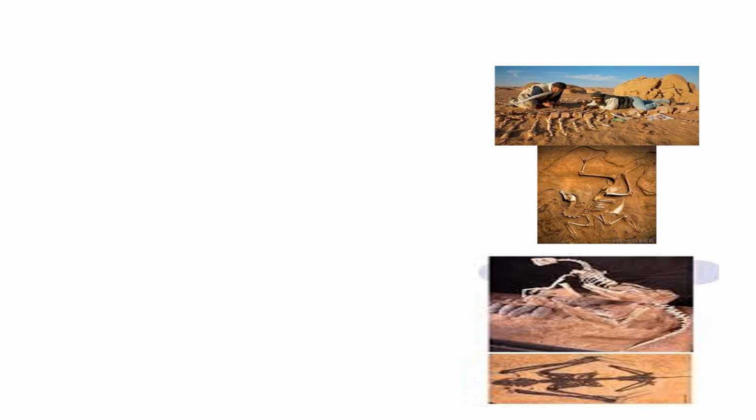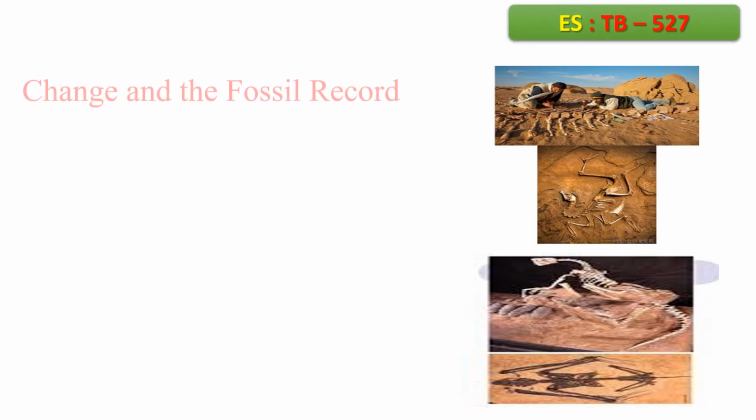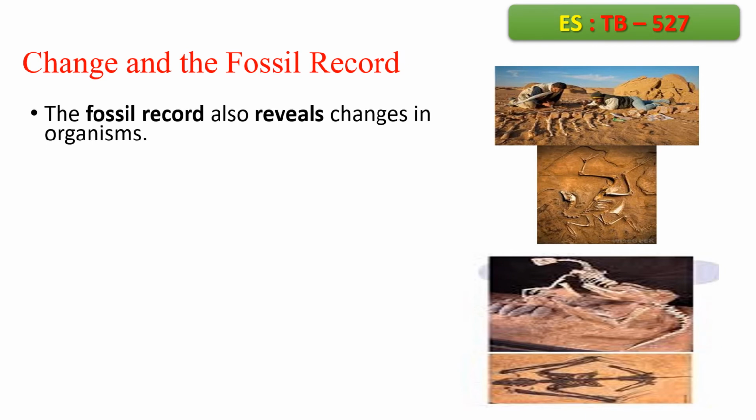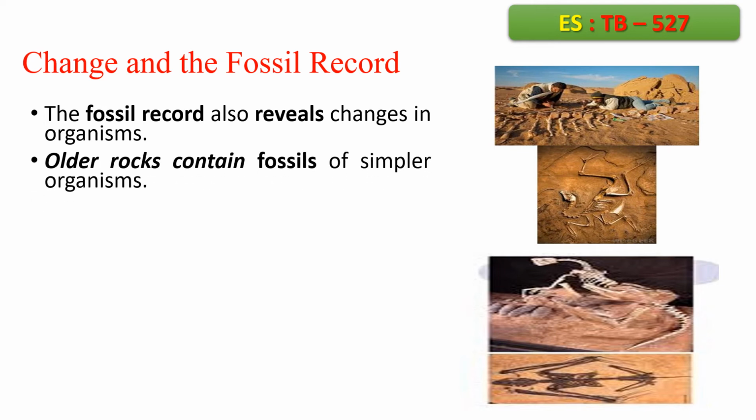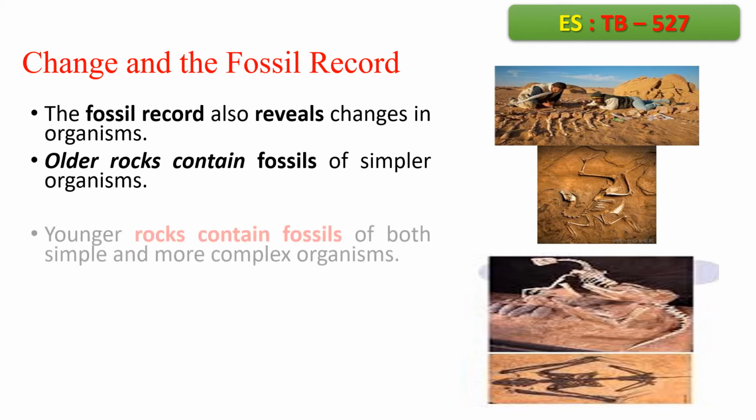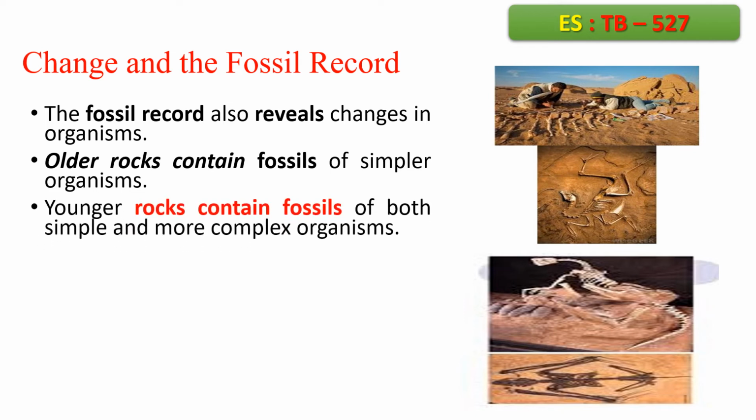Change and the fossil record. The fossil record also reveals changes in organisms. Older rocks contain fossils of simpler organisms. Younger rocks contain fossils of both simple and more complex organisms.